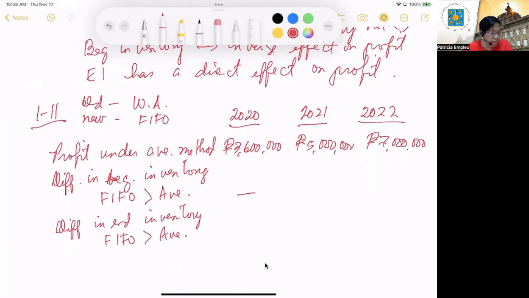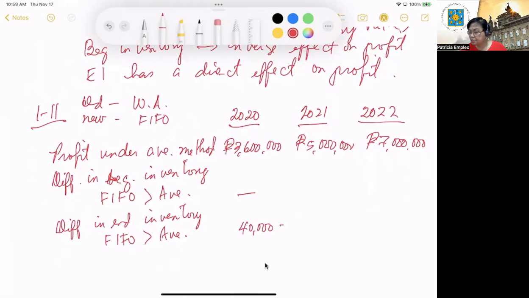So if FIFO basis inventory is consistently higher than the weighted average method, and under the FIFO, the goods will be valued at the most recent purchase price. That means, therefore, that the purchase price during each period, 2020, 2021, and 2022, were consistently increasing, meaning pataas ang presyo. We are in the period of inflation. So in the year 2020, the FIFO basis inventory is higher by 40,000. That is 1,240 minus 1,200.